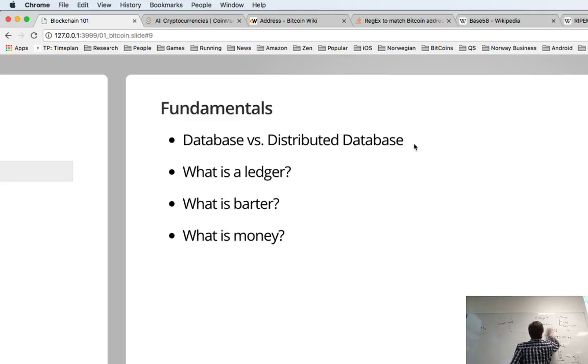Okay, so what you said is this. We have a database in one location. We have another database, and we have another one.